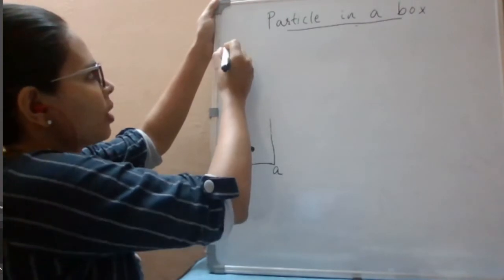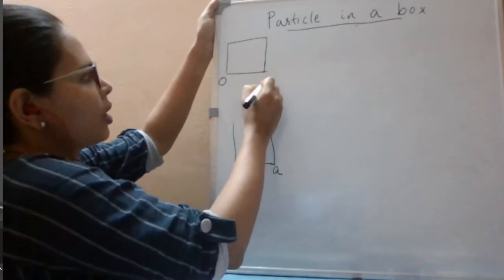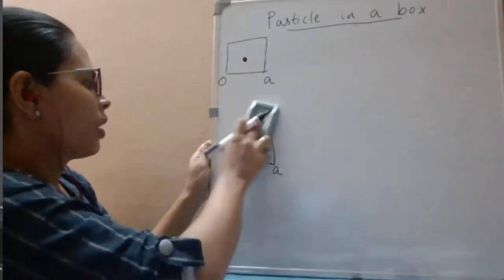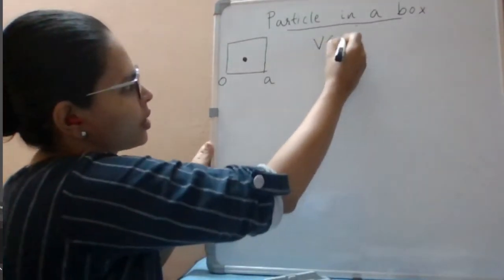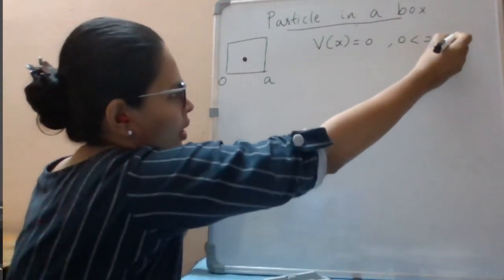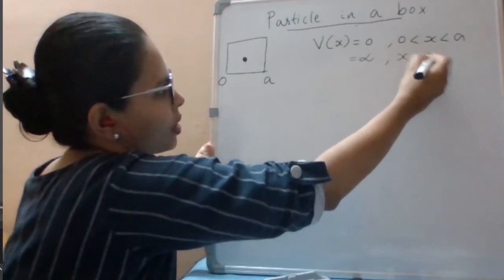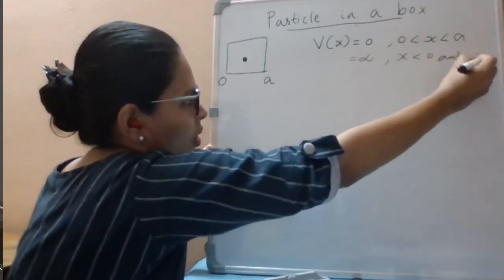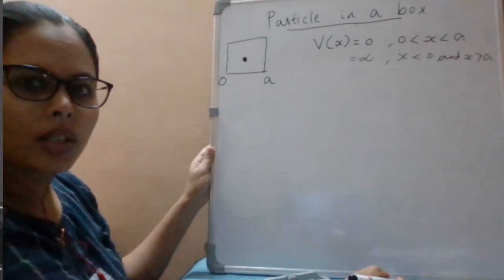So first of all, our box 0 to a, our particle is somewhere here, and V of x is equal to 0 for 0 less than x less than a, and equal to infinity for x less than 0 and x greater than a. Okay, so this is our condition.